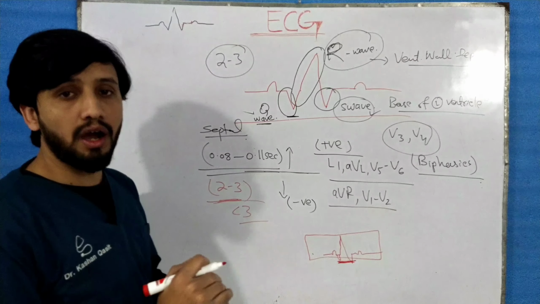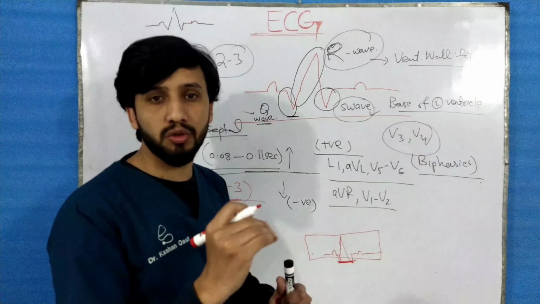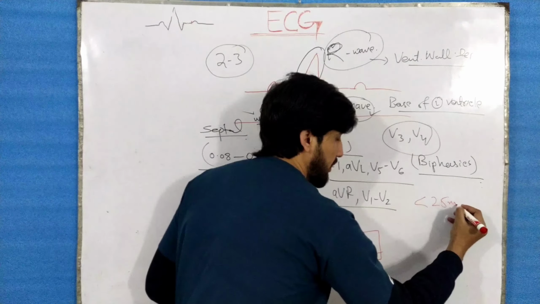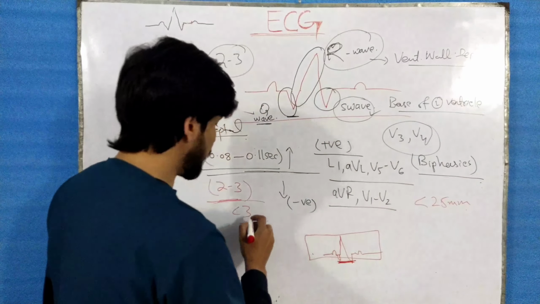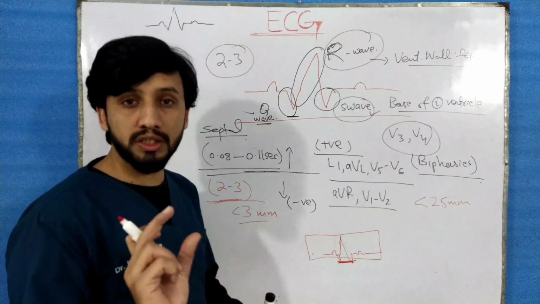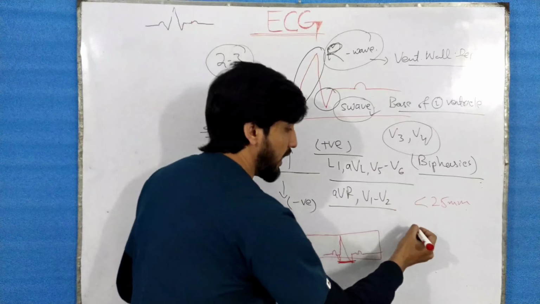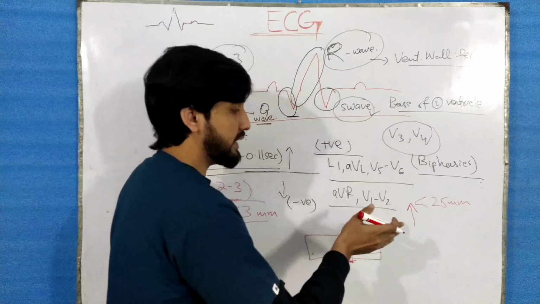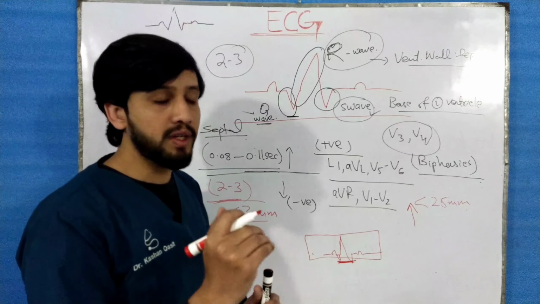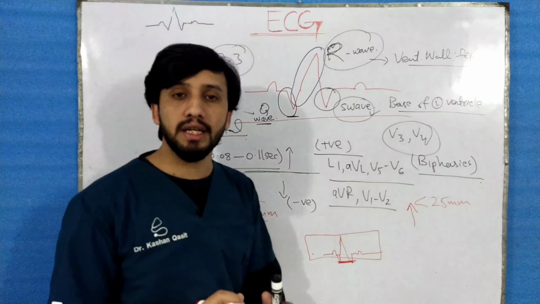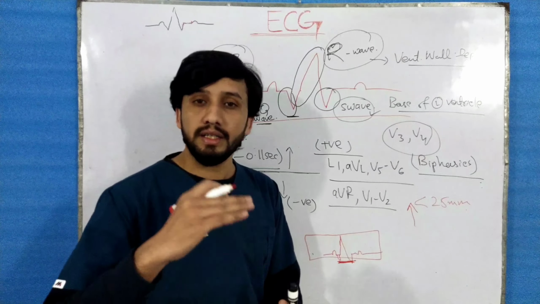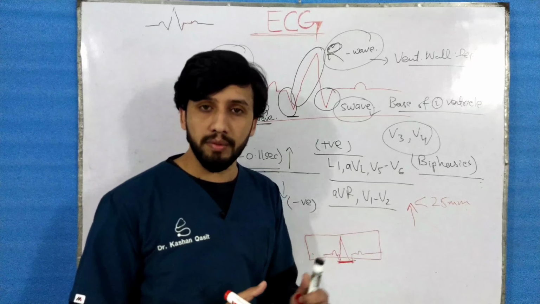And when you will discuss the height or amplitude of this QRS complex, this should be less than 25 millimeter, which means that it should be less than 25 small square boxes. When it is greater than that, which means that there is an abnormality.